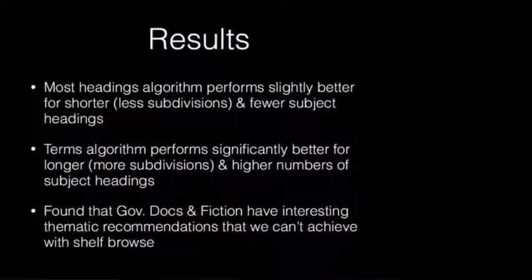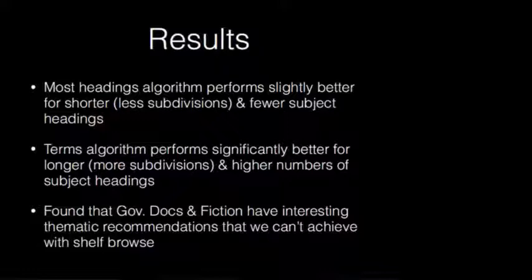And in terms of format, we found that government documents and fiction have interesting thematic recommendations to achieve with shelf browse. Government documents are normally organized according to SUDOC call numbers, based on government agency and then chronologically.